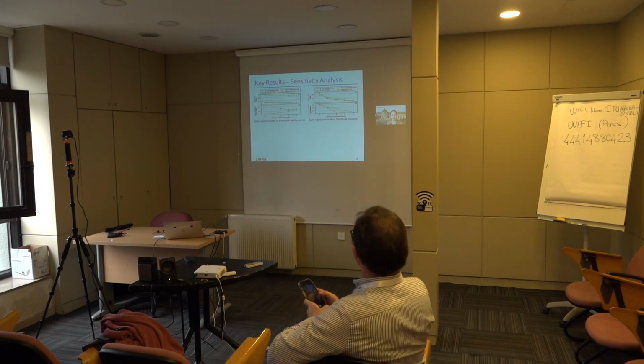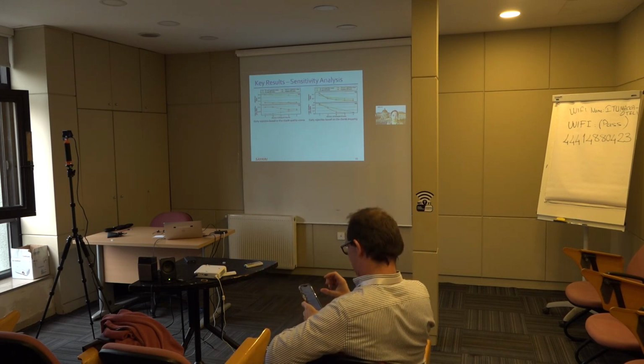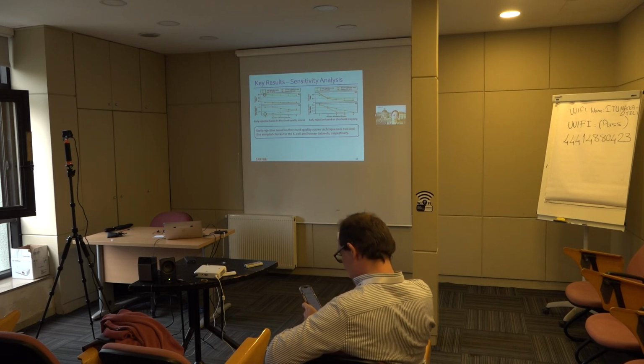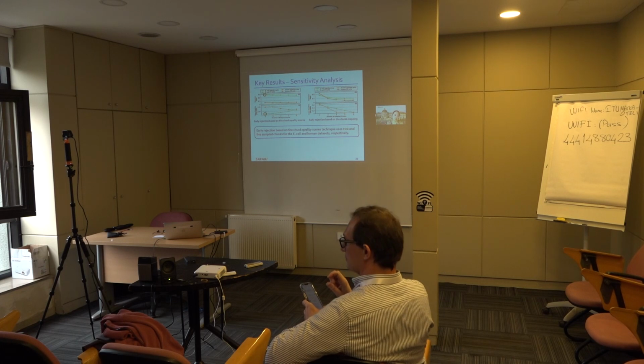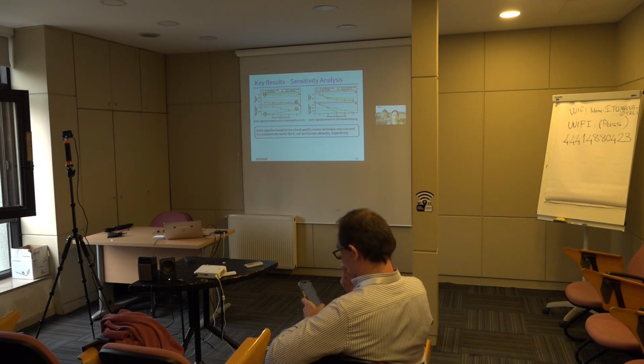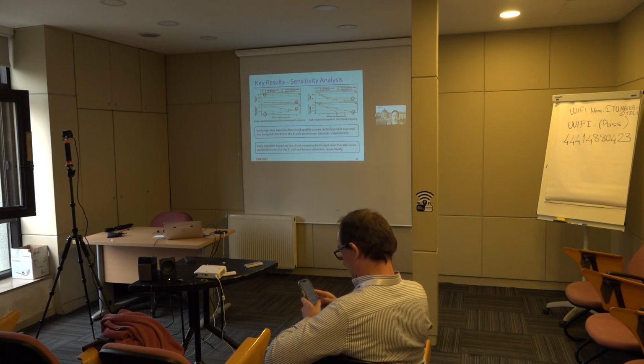And we also show a sensitivity analysis of how we choose the early rejection chunks and how many chunks we need in each dataset. This is determined when we analyze one dataset offline.